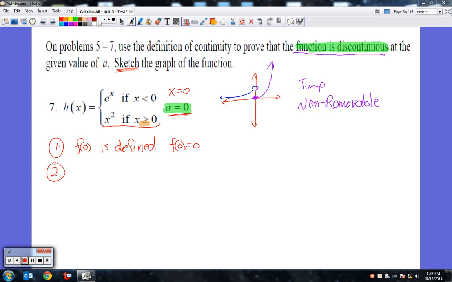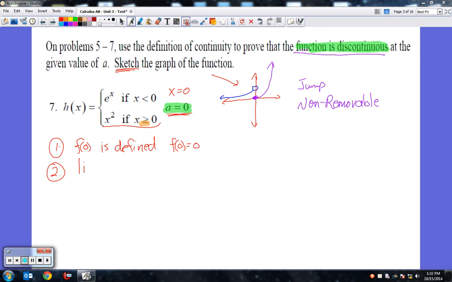The second step is to see whether the limit exists, looking at both one-sided limits. Now, as you can see, this is a form of jump discontinuity. We're proving that it's discontinuous for the fact that this limit does not exist at x is equal to 0 as far as a general limit.